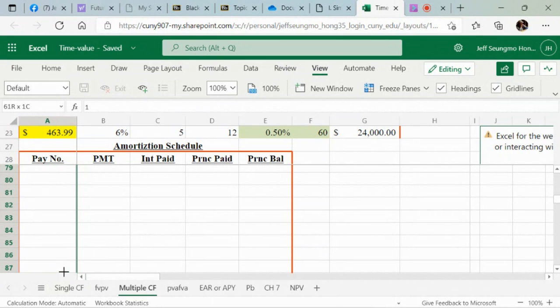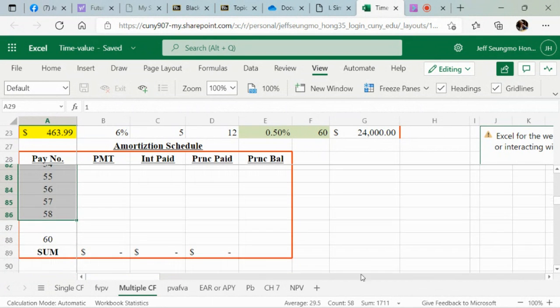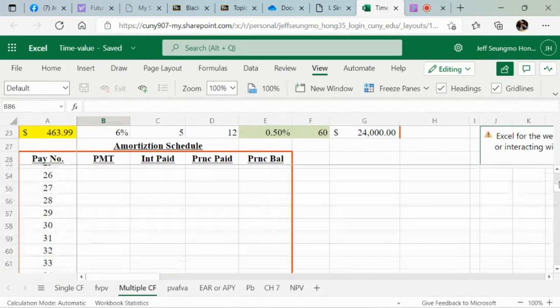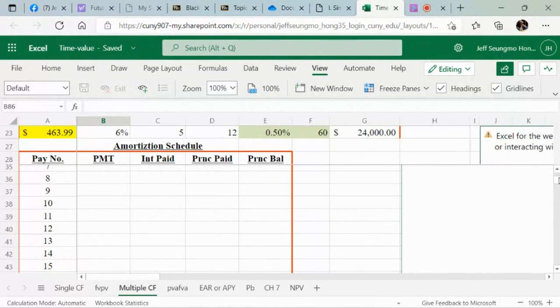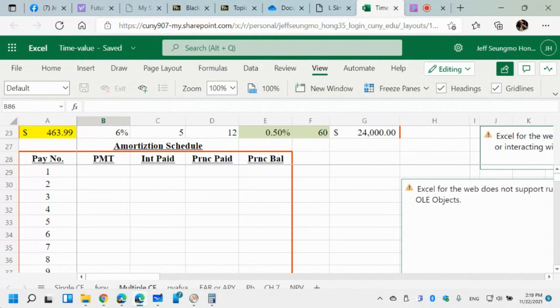So that should at least be 89. It's hard to see. Oh, okay, it's 58 there. You drag it one more time. So Excel will automatically understand your intent: a series of numbers starting from 1, integers with interval of 1.